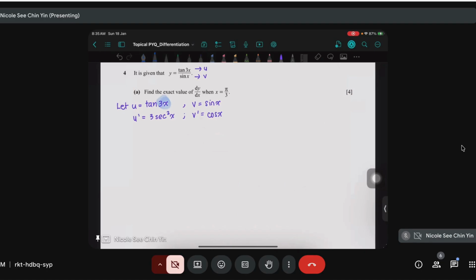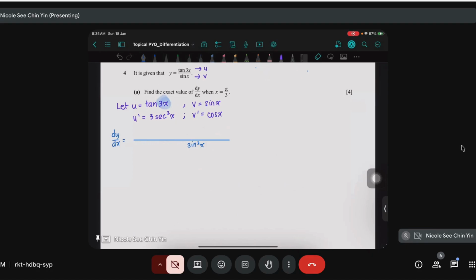Okay, we continue to work on it, dy over dx. I know my v square is going to be sine square, so you can put sine square x. Bear in mind, sine square x is the same as sine x square.